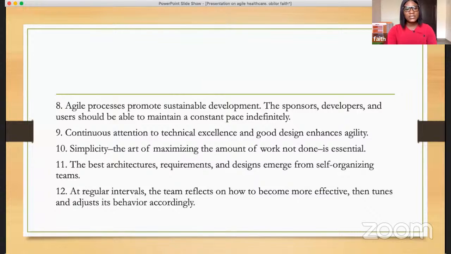And tenth is simplicity, the art of maximizing the amount of work not done, is essential. And eleventh, the best architectures, requirements, and designs emerge from self-organizing teams. And we have the last, which is at regular intervals, the team reflects on how to become more effective and adjusts its behavior accordingly.